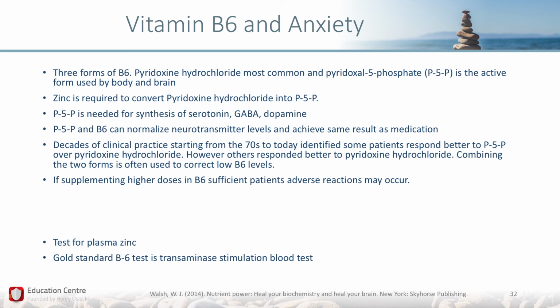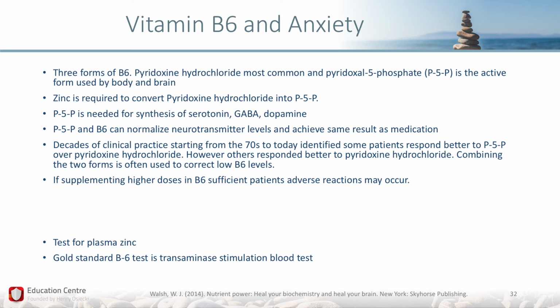So then they tried P5P and found that some patients responded much better to the pyridoxal 5-phosphate. But then they also found that some patients weren't responding to P5P, surprisingly, and they were responding to the pyridoxine hydrochloride.